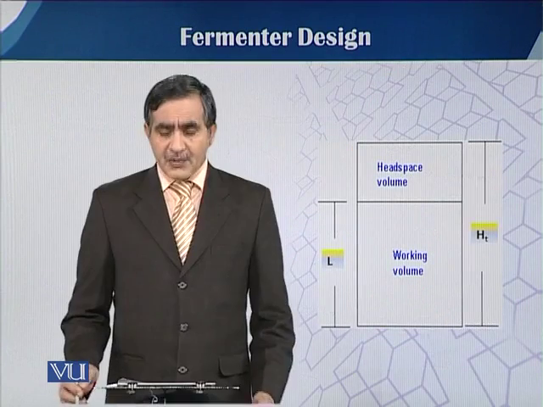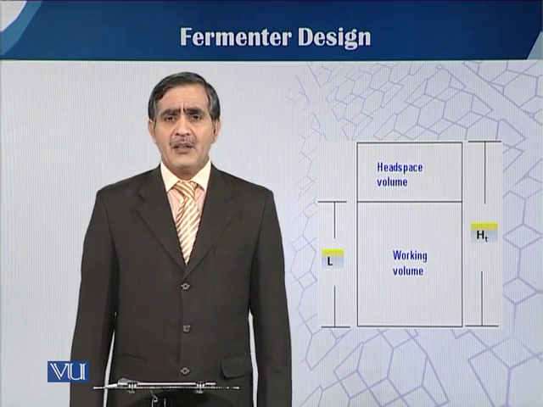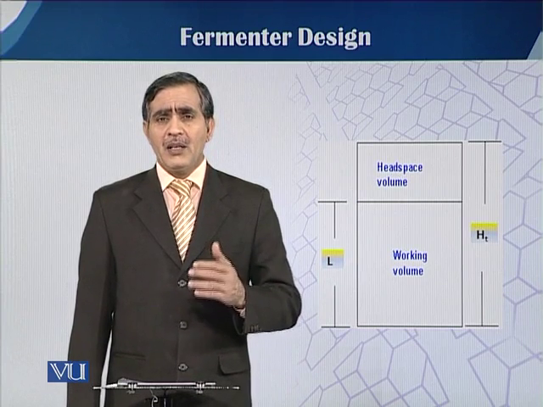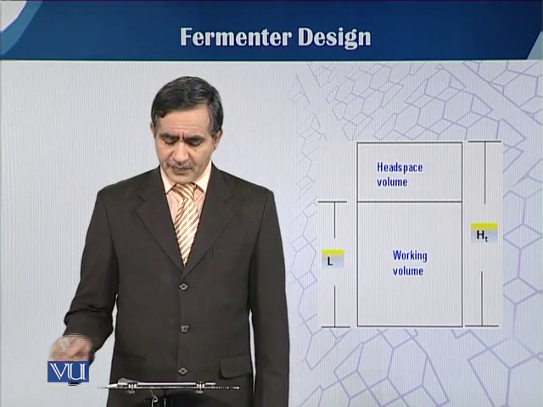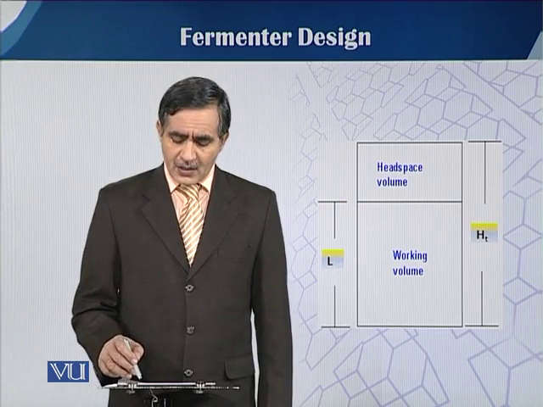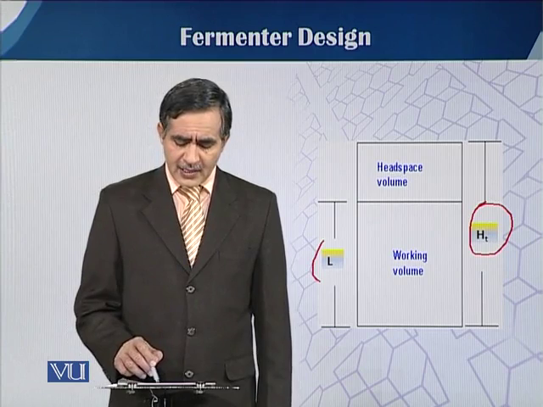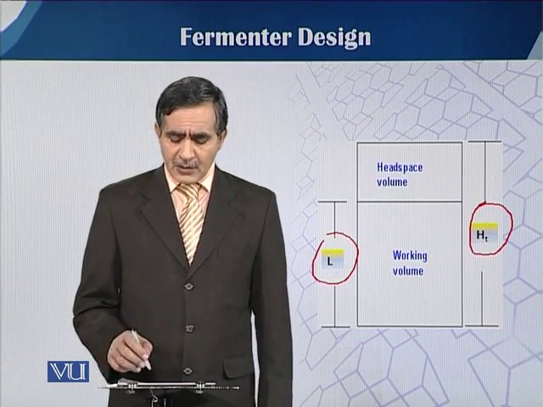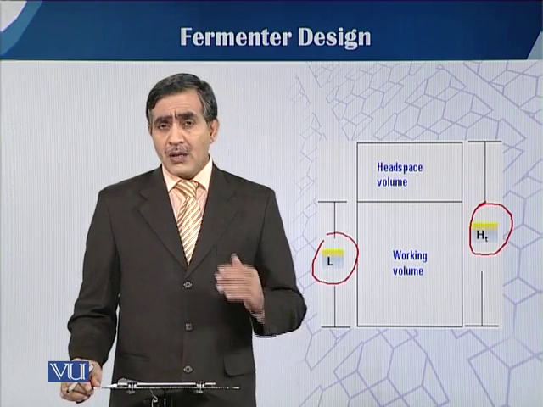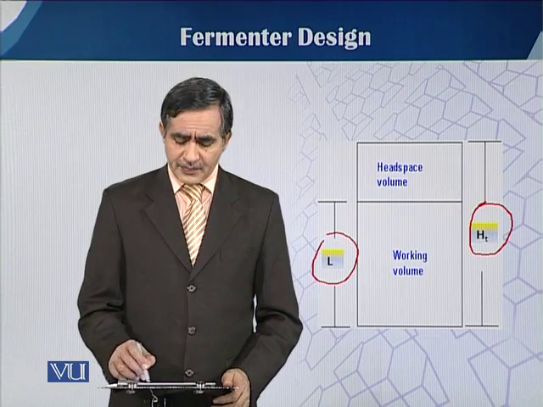In the next slide we can see easily that if we design our fermenter, we should know the basics of how we will assign the body vessel. In this slide you can see that HT is the total height of the fermenter, and L is designated as the working volume height of the fermenter. In a fermenter, head space is very critical.